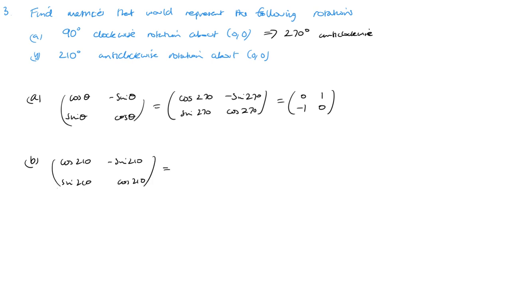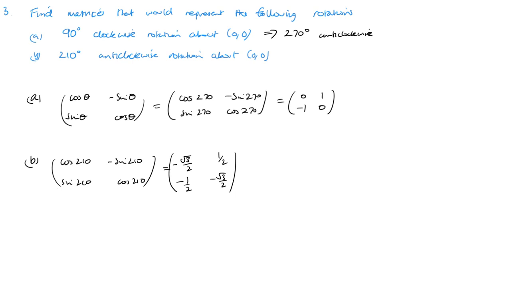So you can plug it in. So cos 210 is negative root 3 over 2. And sine 210 is negative a half. So that becomes positive up there. So that's one way of doing it.